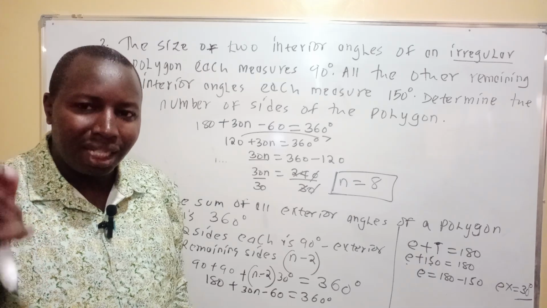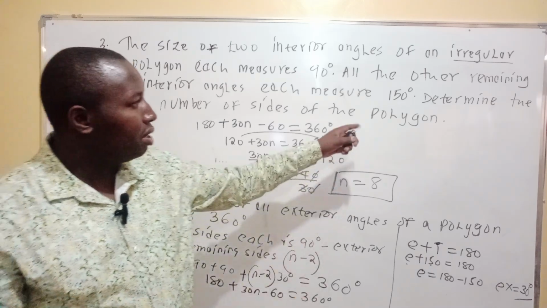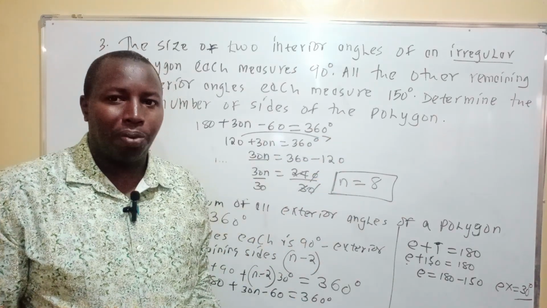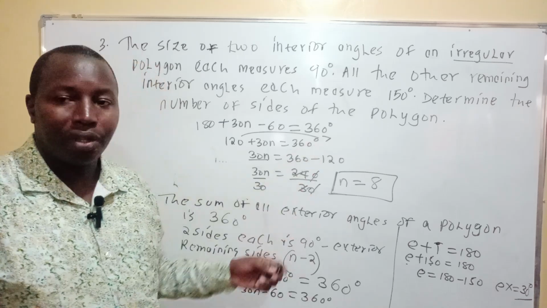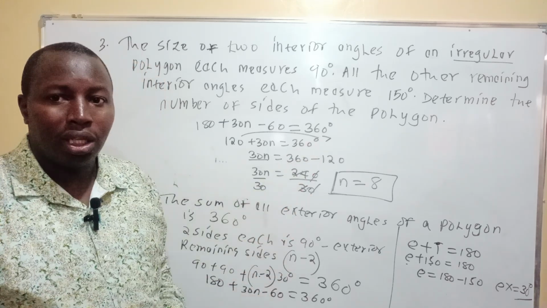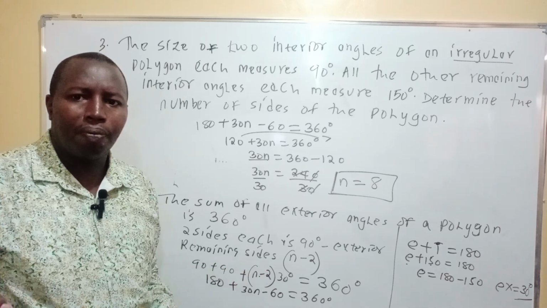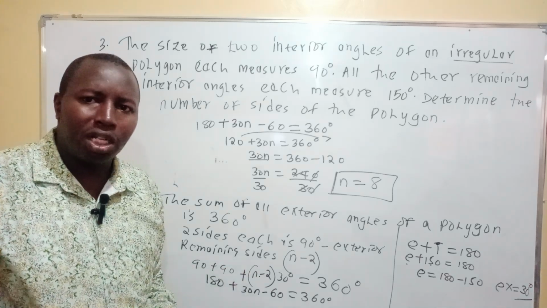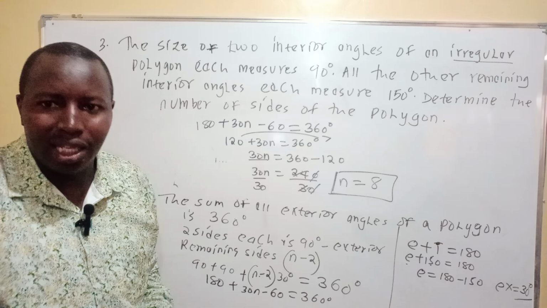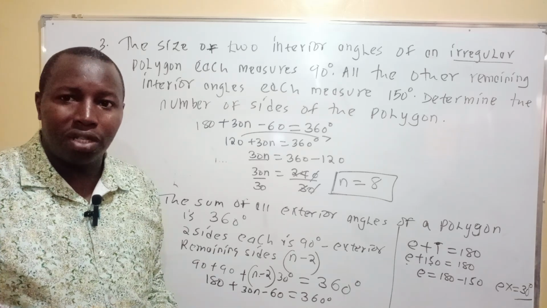That's the concept the examiner is testing for you to find the value of n. So it's not a simple question tested in a national exam, KCSE 2021. It's a very good question for practice for students preparing to sit for the KCSE exam.